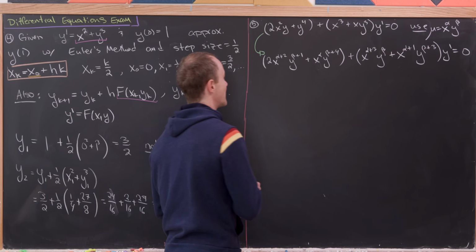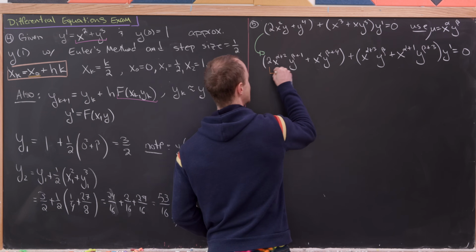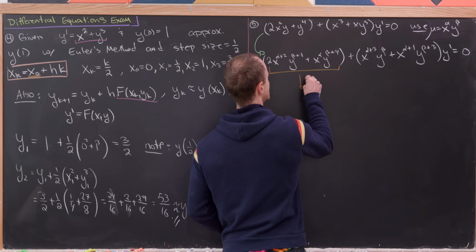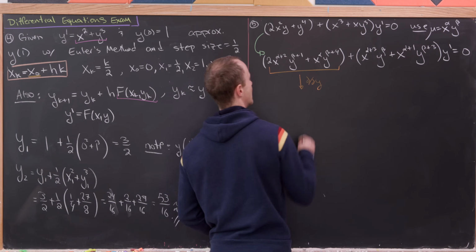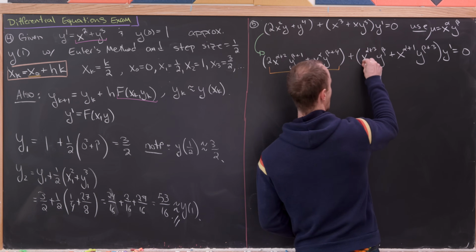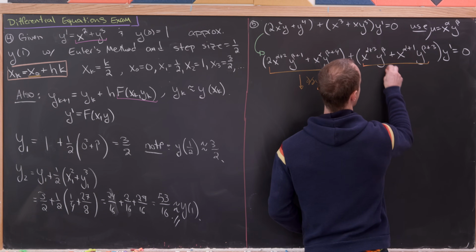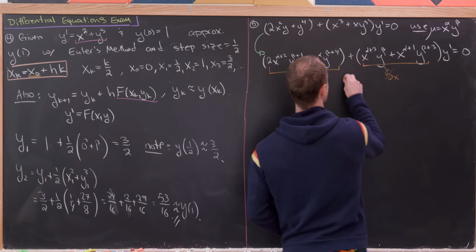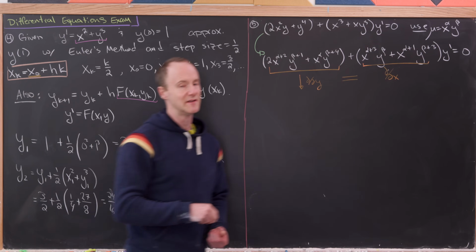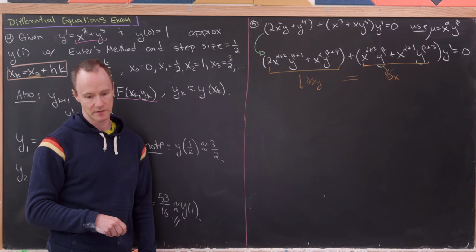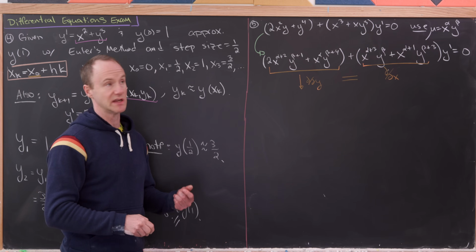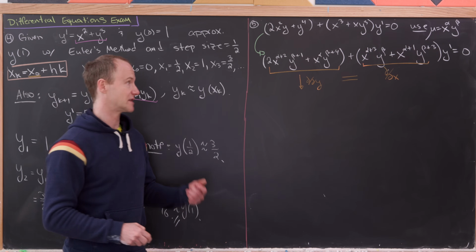So in order for this to be exact, we need to be able to take the partial with respect to y of this function and have it be equal to the partial with respect to x of this function. That's the exactness condition. Okay, so let's see what it would take for that to occur.